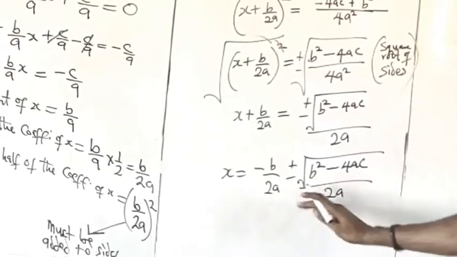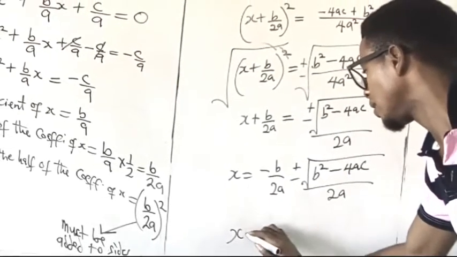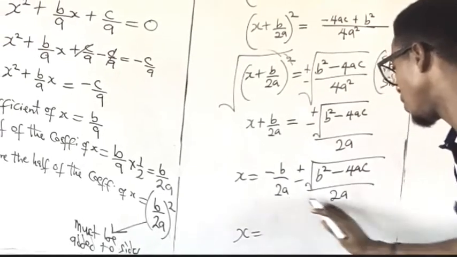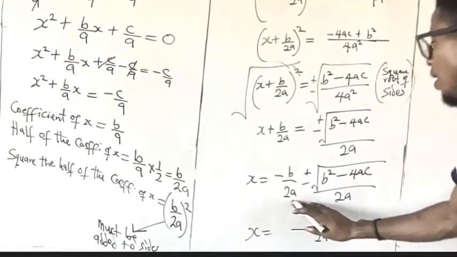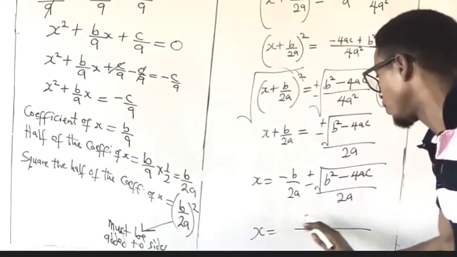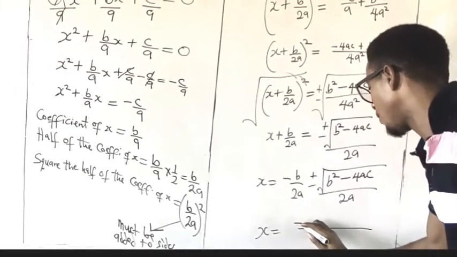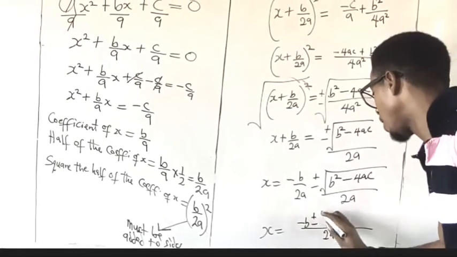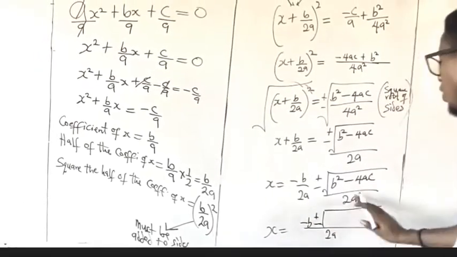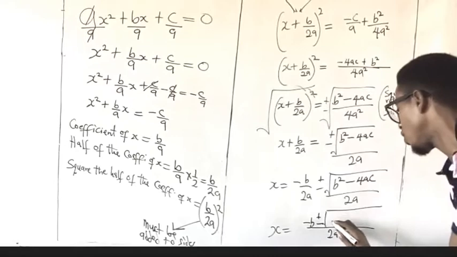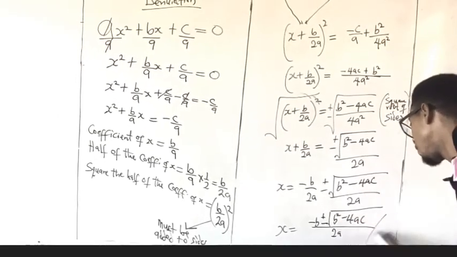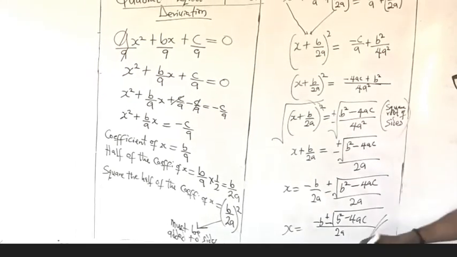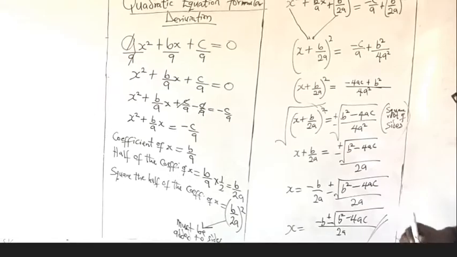Taking the LCM, x equals minus b plus minus root of b squared minus 4ac, all over 2a. That's the almighty formula, the quadratic equation formula. So try to prove it on your own.